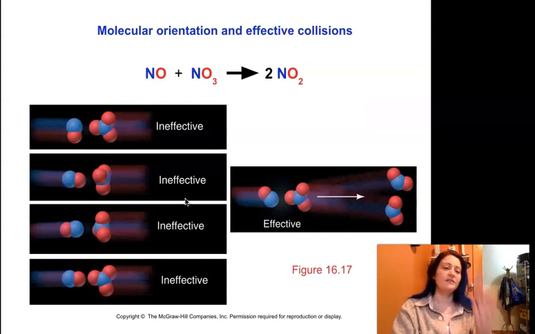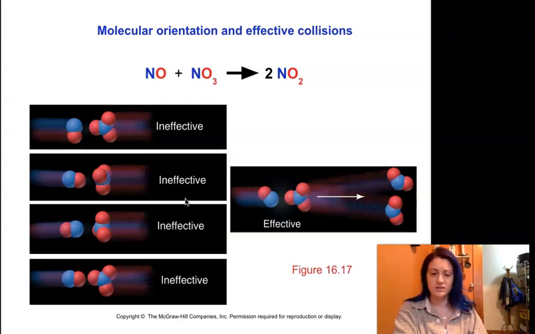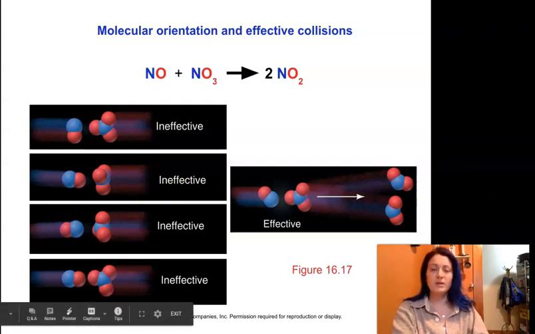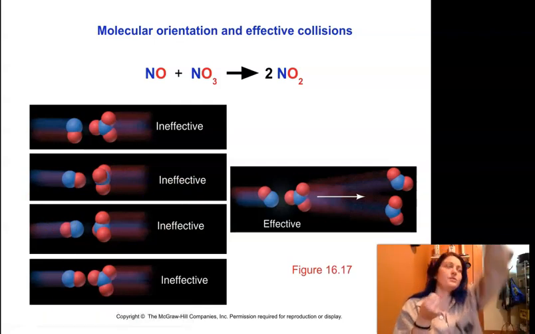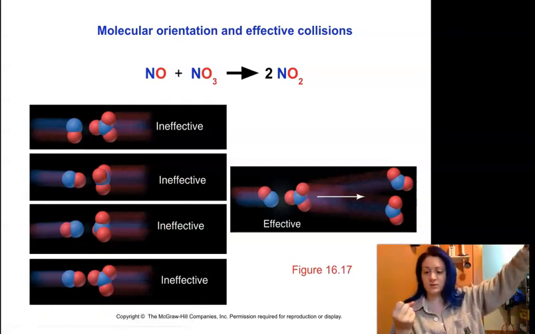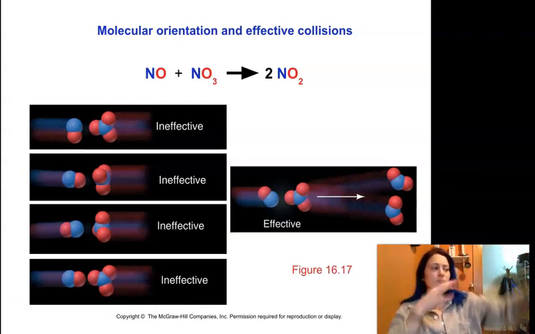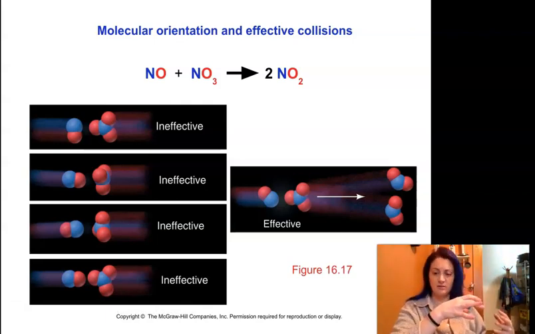All right, and just to kind of review, what is this molecular orientation thing? Particles, when they collide, literally have to hit each other in a certain way. Most collisions are ineffective because you have to think about these molecules in 3D space. You have a full 360 degrees of rotation available to you, and a molecule can hit you from any angle, basically.